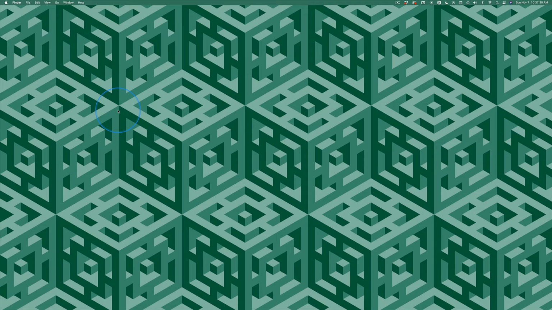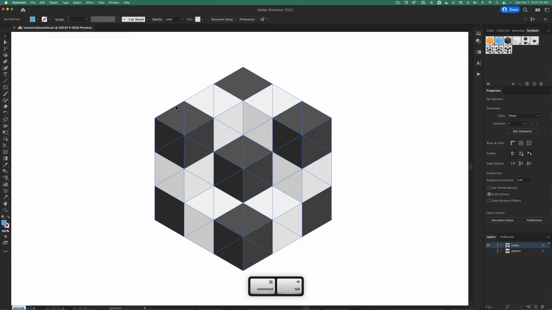So I think you can start to see this adds up, and Illustrator can start to bog down. The more complicated you work, the more hidden geometry, stuff you can't even see, is bogging you down. So, what's the workaround?